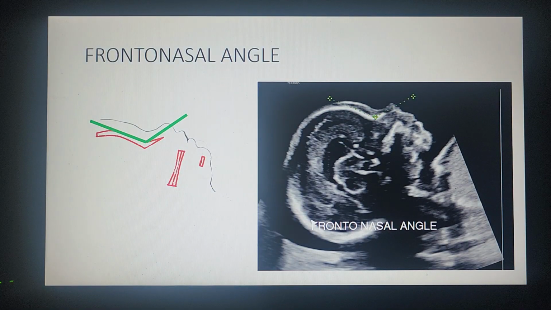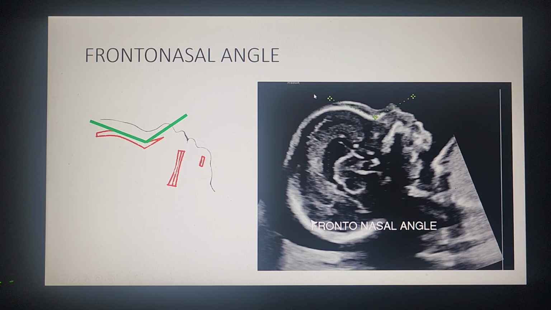So we are all familiar with this mid-sagittal facial morphology, which we usually do when we do a TIFA scan. In this mid-sagittal view, we have the frontal bone.